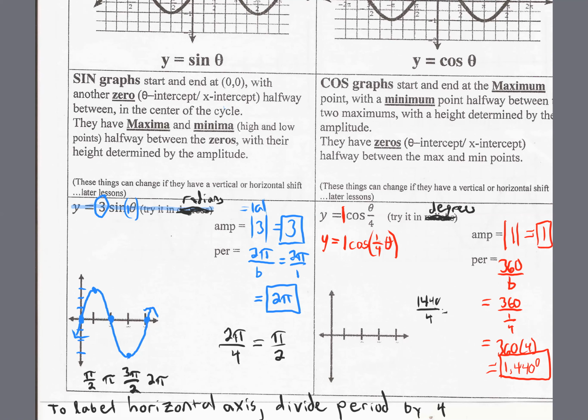And that's just going to be 360. So when I'm labeling my theta axis, I have 360. Make sure to include the degree sign. You just keep adding 360s. Your scale: 720, 1080, and then 1440.